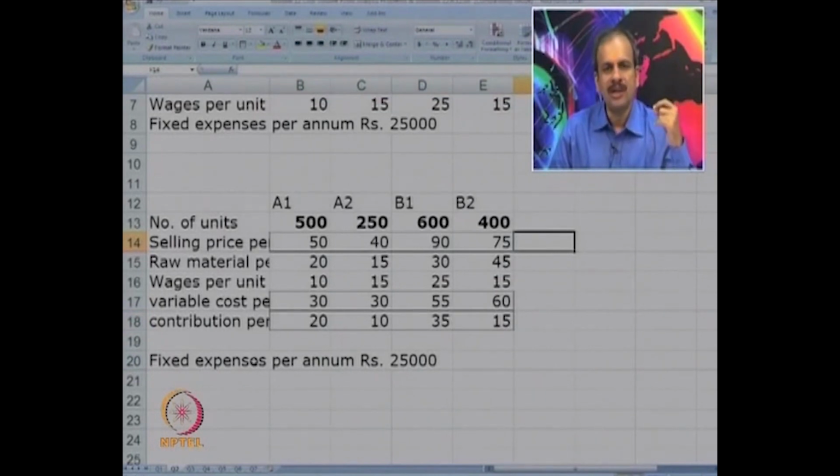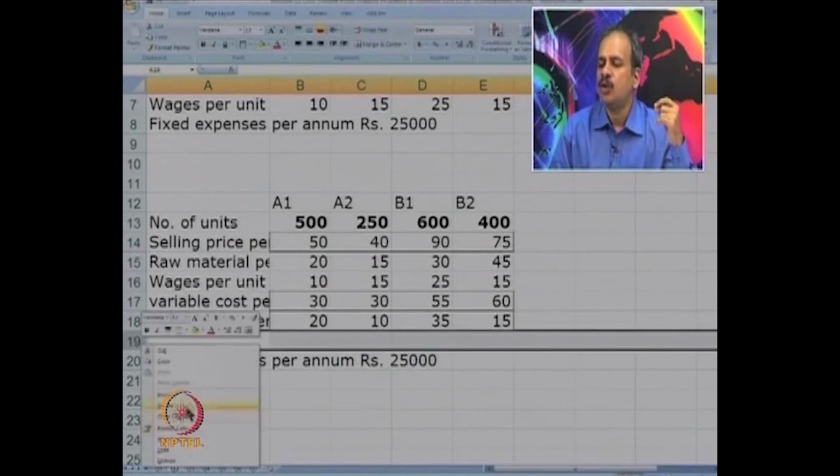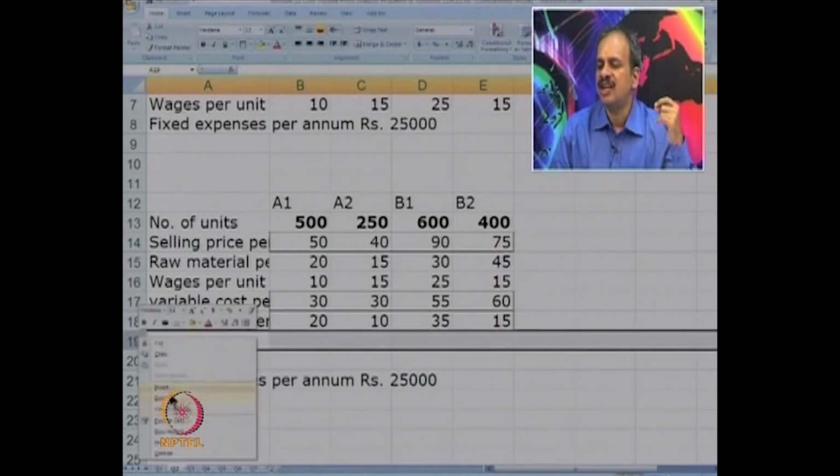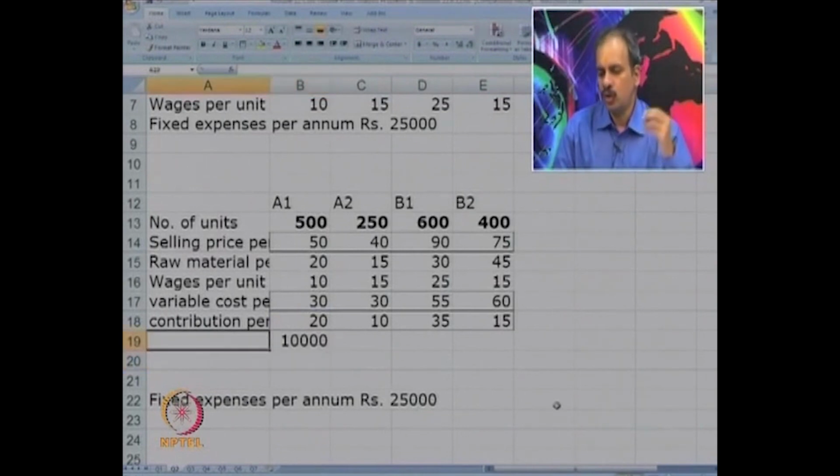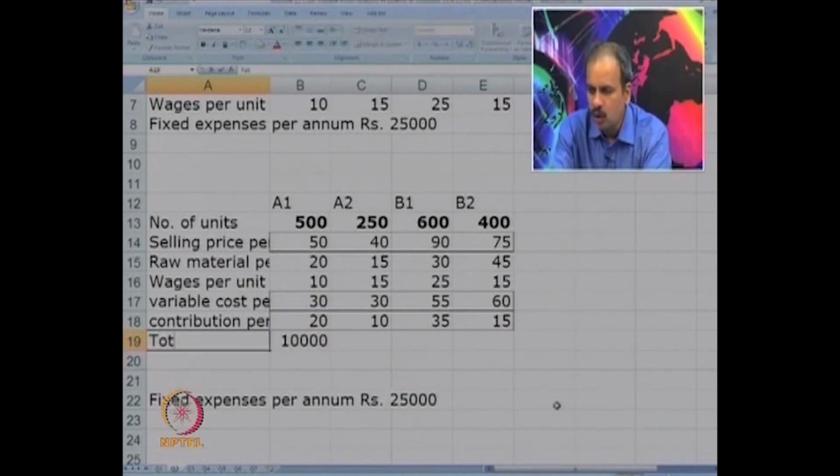Now once you know contribution per unit, we can calculate the total contribution generated by that product. So 20 per unit multiplied by 500, which is the number of units sold. So this is the total contribution.